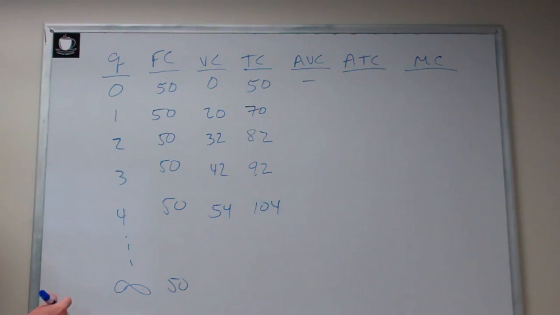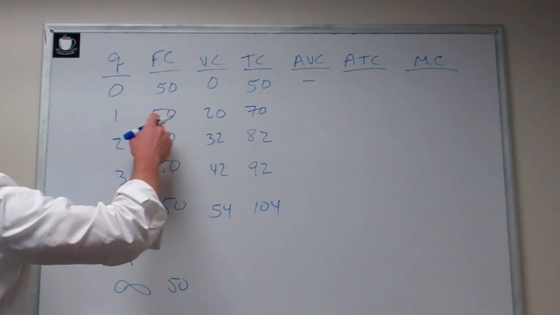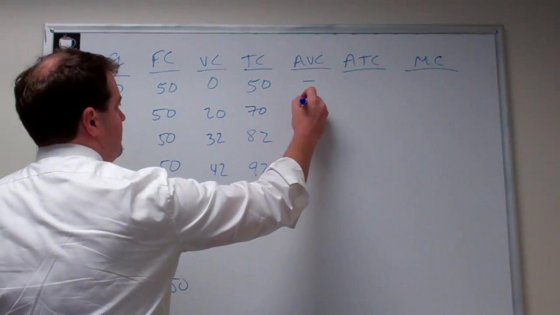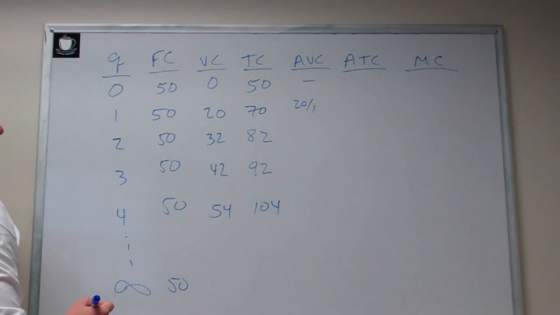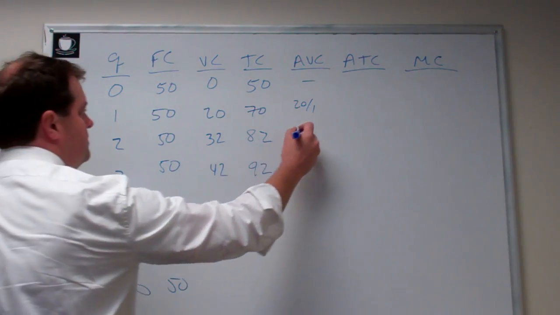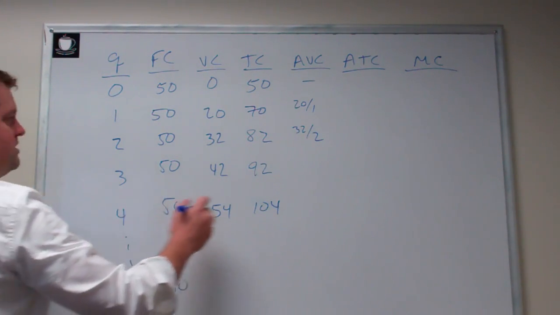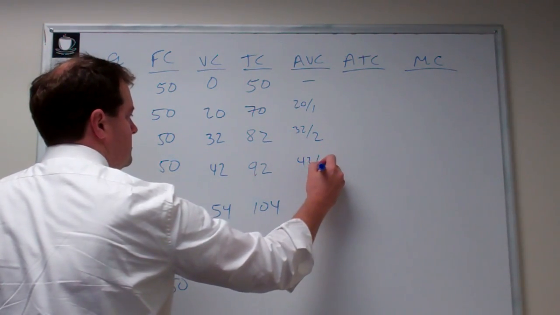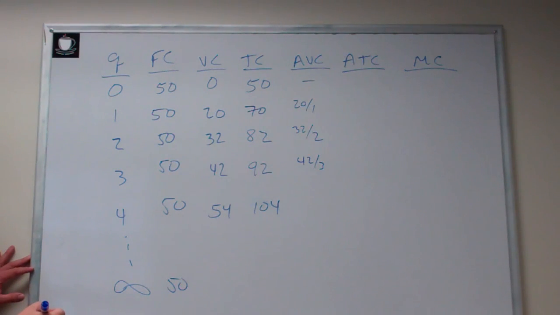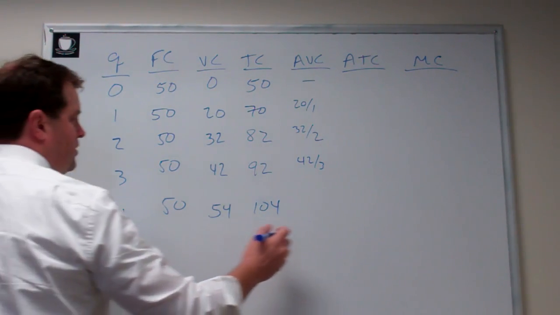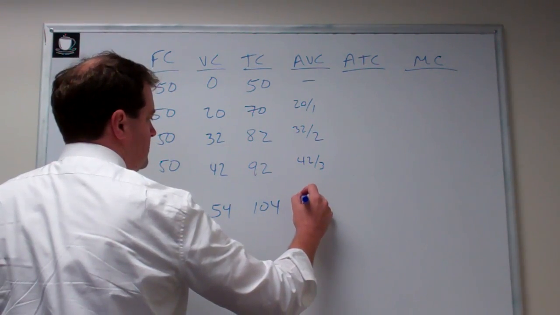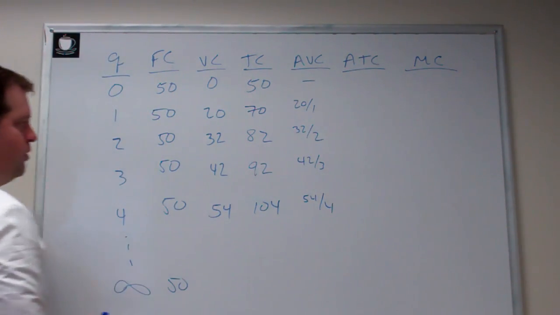I can't divide by 0. But when they produce one good, the average variable cost is 20. When they produce 2 goods, the average variable cost is 16. When they produce 3 goods, the average variable cost is 14. And when they produce 4 goods, the average variable cost bumps up to 14.5.